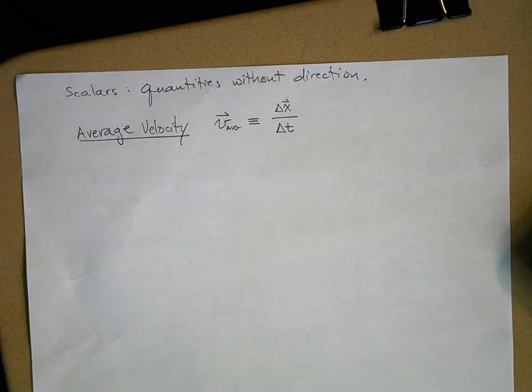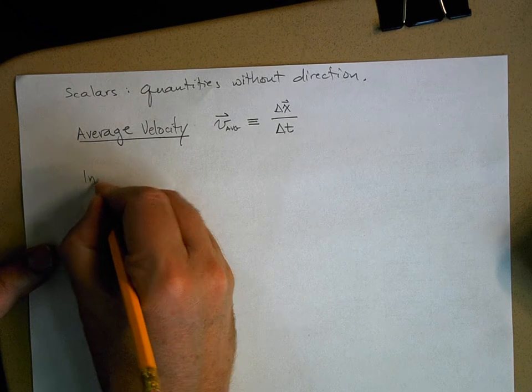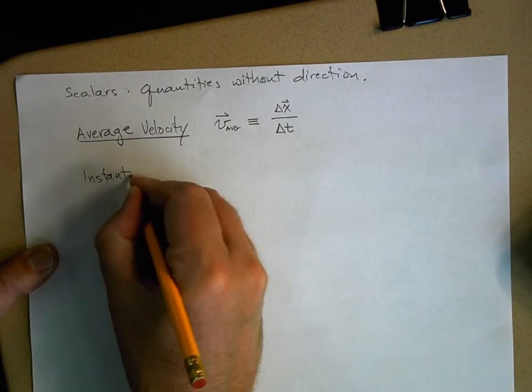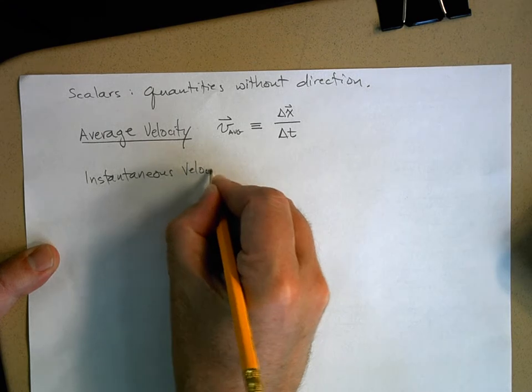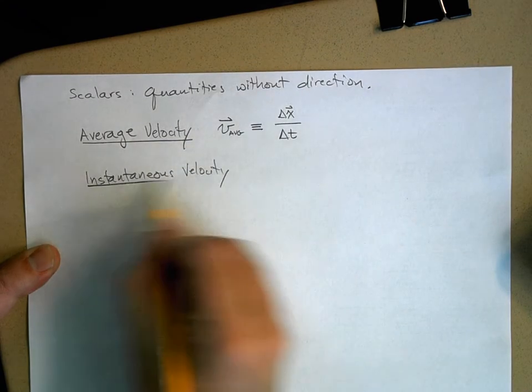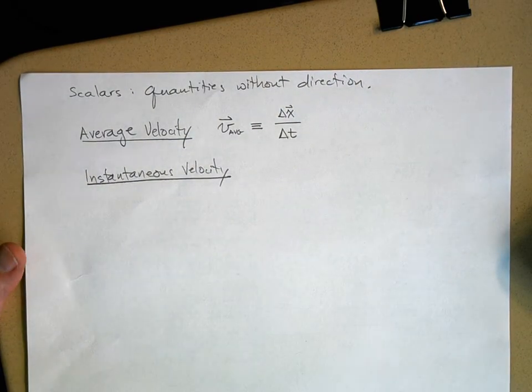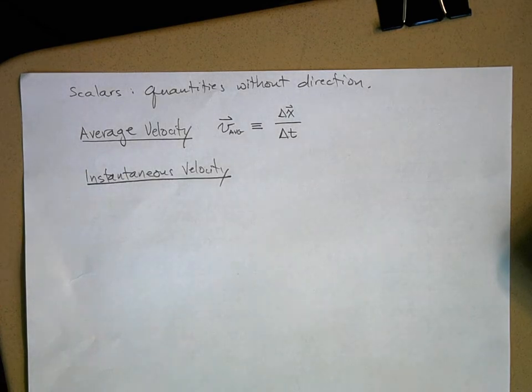Now, let's talk about instantaneous velocity. Instantaneous velocity is the rate at which you're changing your position at a particular instant in time. How fast are you going right now?